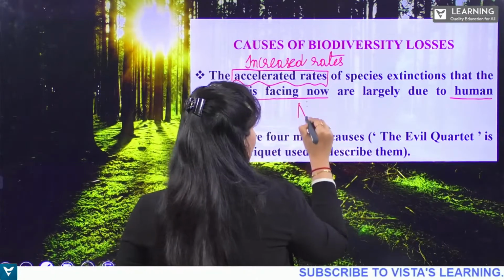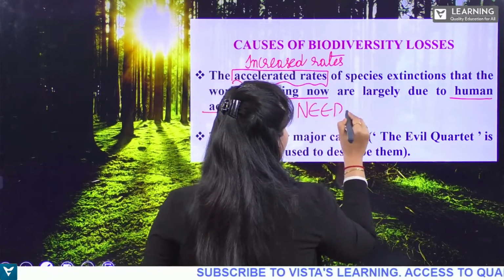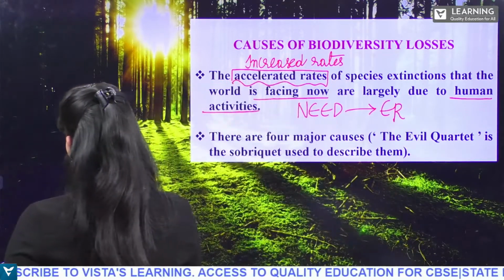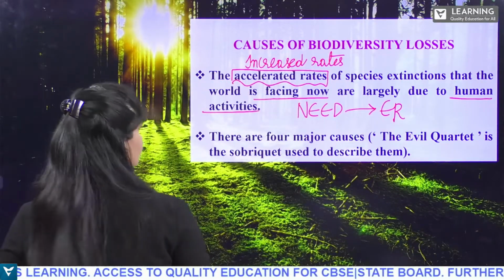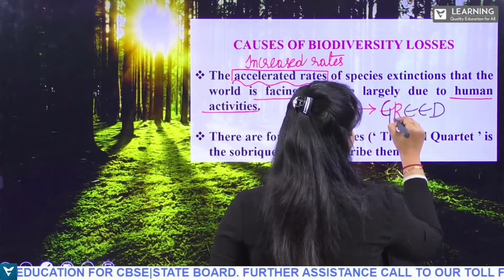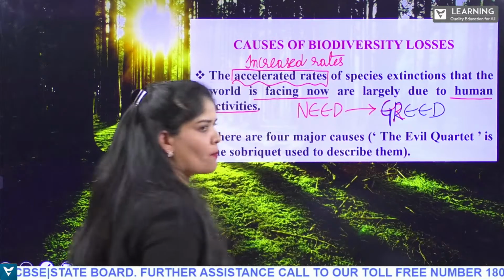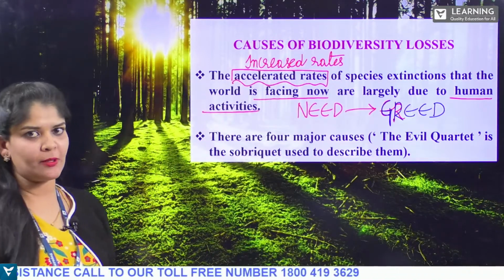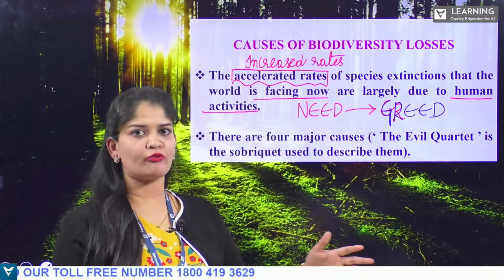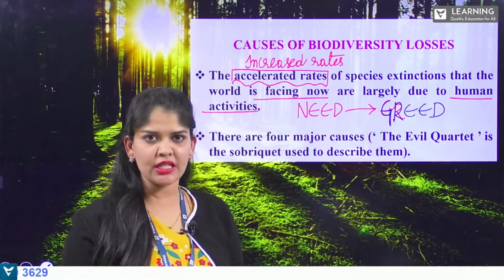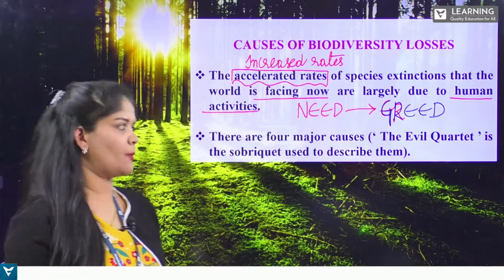When the need is reaching the level of greed, then all of man's activity, urbanization, cutting down of forests, deforestation, all these are going to show a very bad effect which leads to the loss of biodiversity.